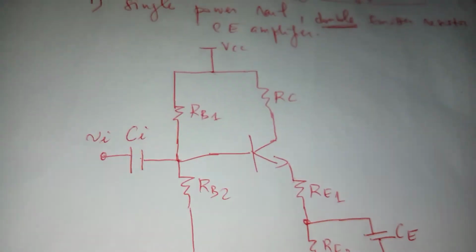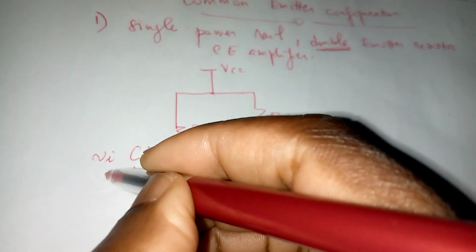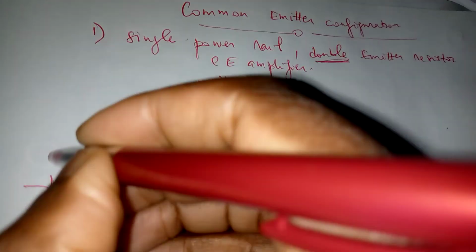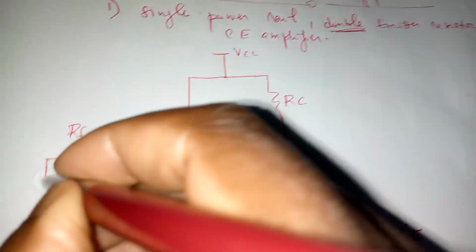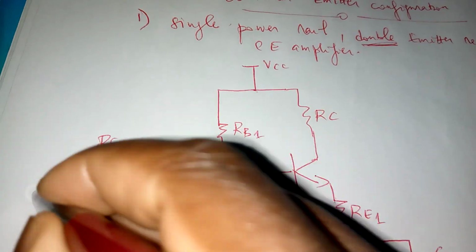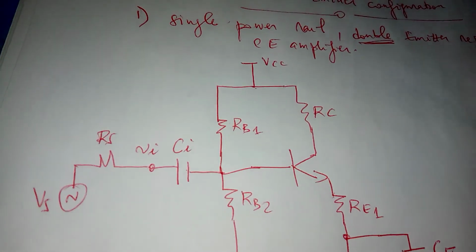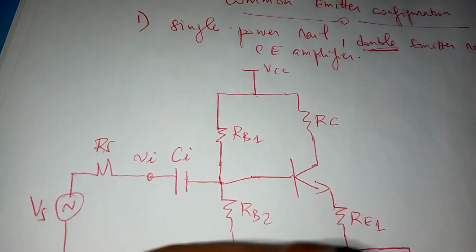Then that's where the input AC voltage is applied, and this input voltage comes from a source AC voltage Vs through a source resistance Rs.